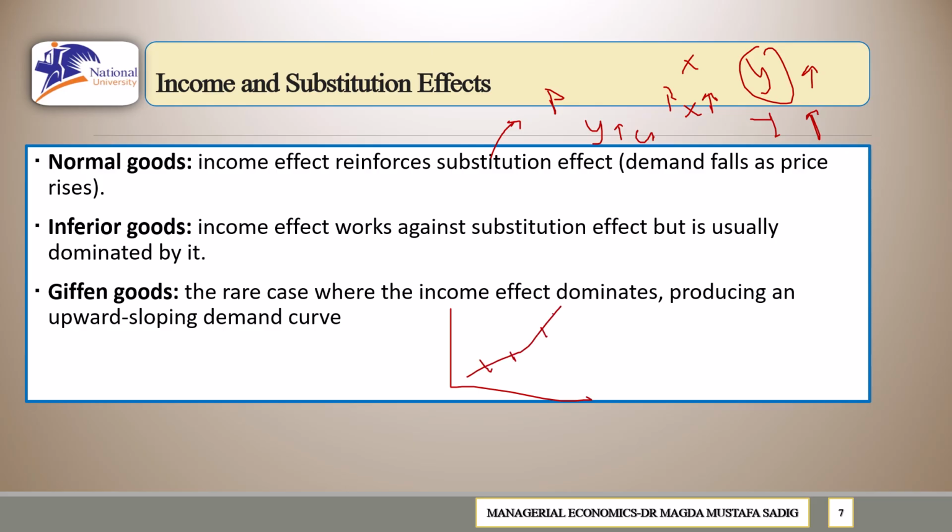Do you remember during coronavirus, the demand for hygiene products increased? Even if their prices increased, the demand for them also increased. So these are unusual goods where the negative income effect is so strong that demand increases when price rises. Although theoretically important, they are rarely observed in real markets.